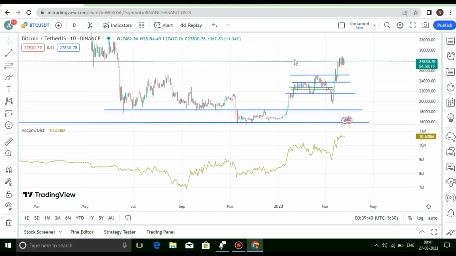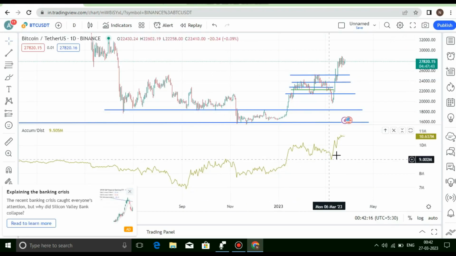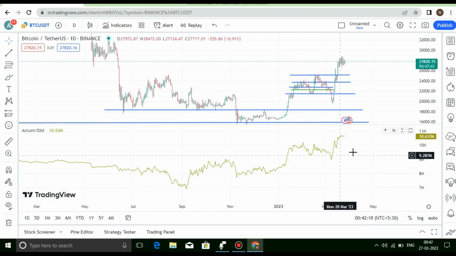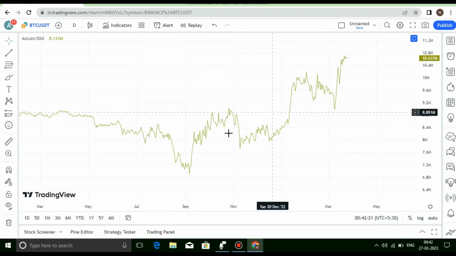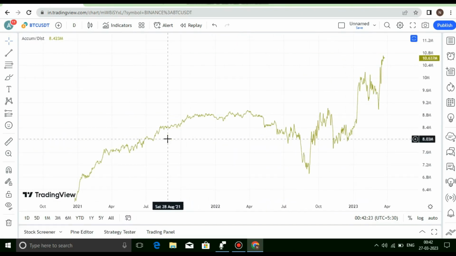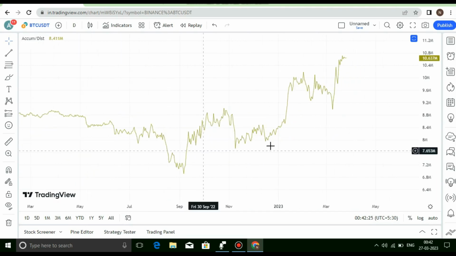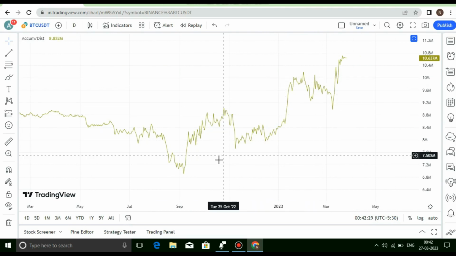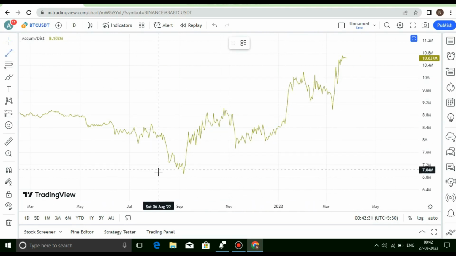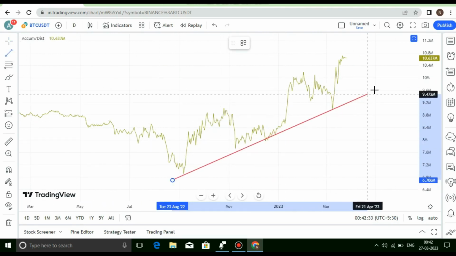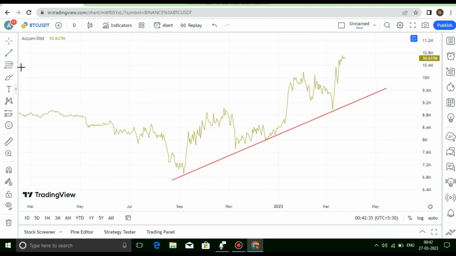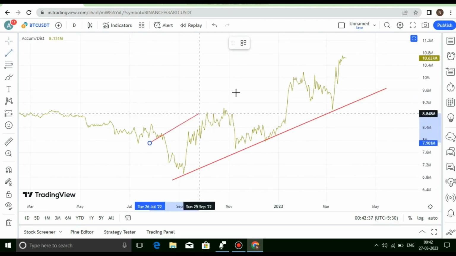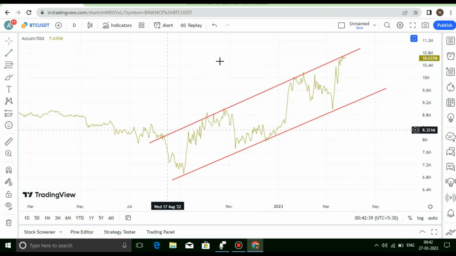So look, this is the chart of Bitcoin and this is the accumulation distribution indicator. It is a trending market for Bitcoin, which is right now moving upwards. The trend of Bitcoin is likely to go upwards, and if I apply a trend line here, you see the trend is going upwards, and this one also.